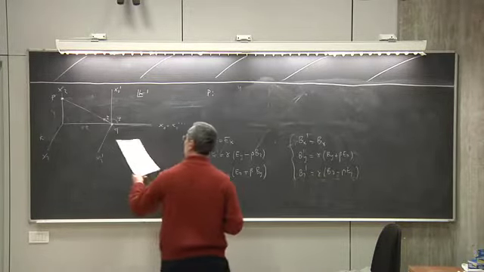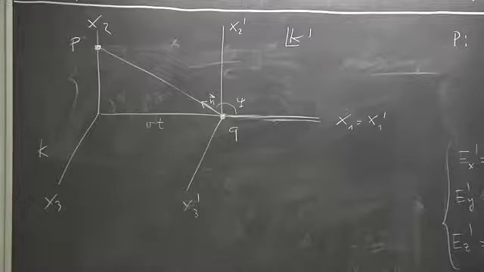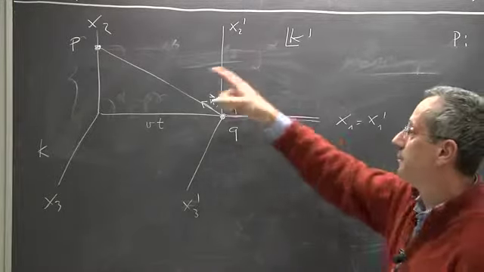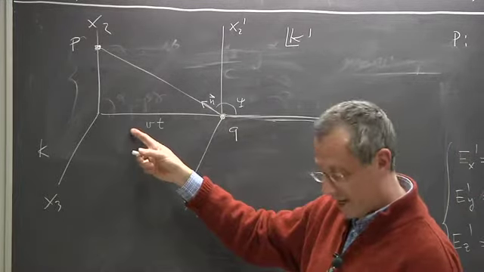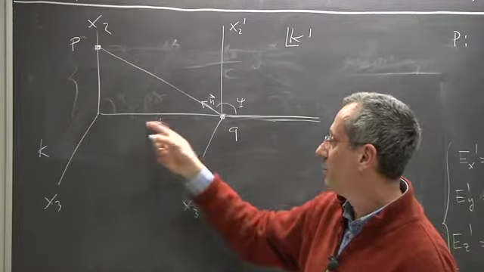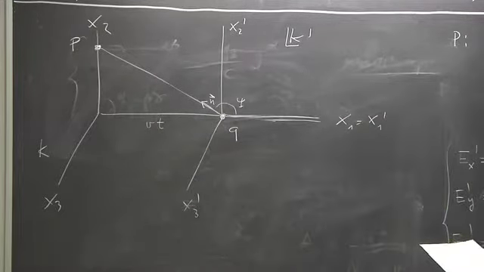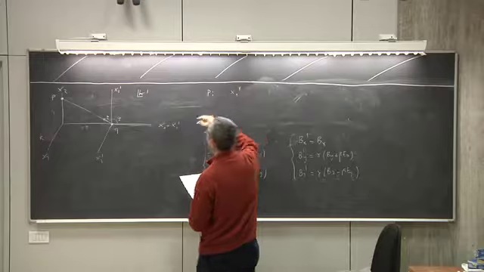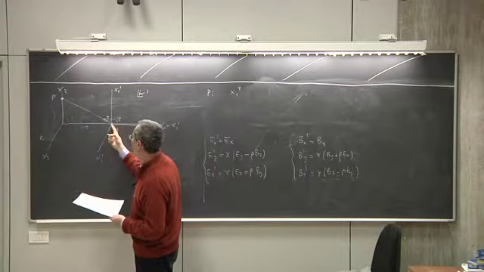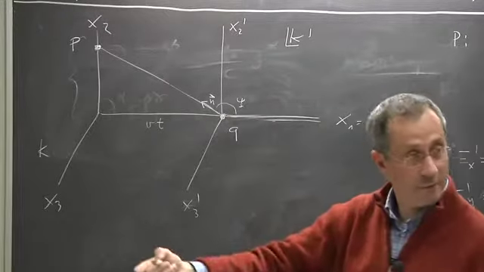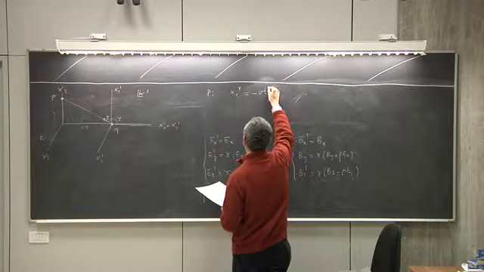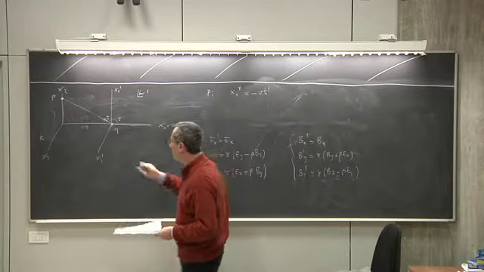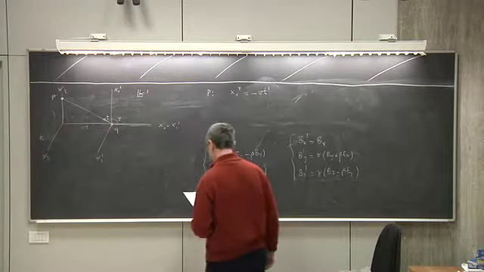So the position of the point P in the K prime frame is minus Vt prime, right, when I start measuring. So x1 prime, the position as measured in this frame, K prime, the frame of reference which is moving, is minus Vt prime, the amount that you have moved.